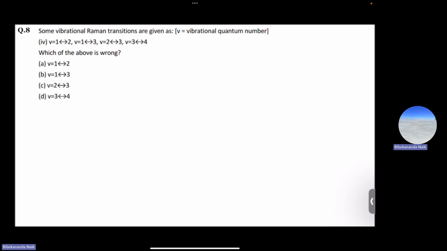Options are option A, V1 to 2, option B, V1 to 3, option C, V2 to 3, or option D, V3 to 4. We will discuss in a few minutes what will be the correct option. Till then, you just think about the question and what will be the correct option according to you.